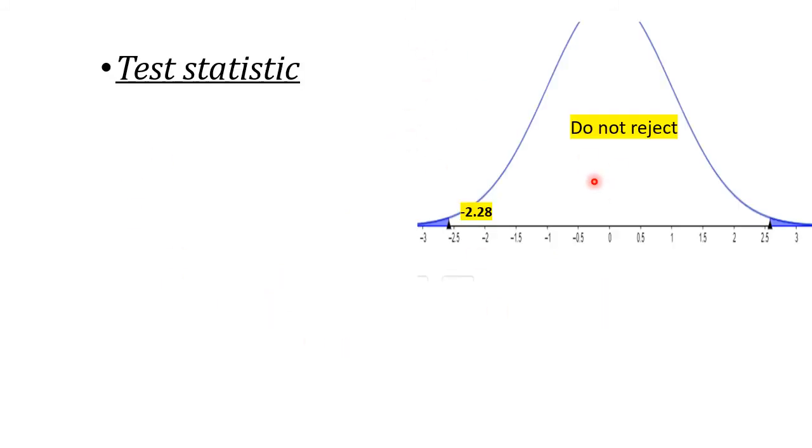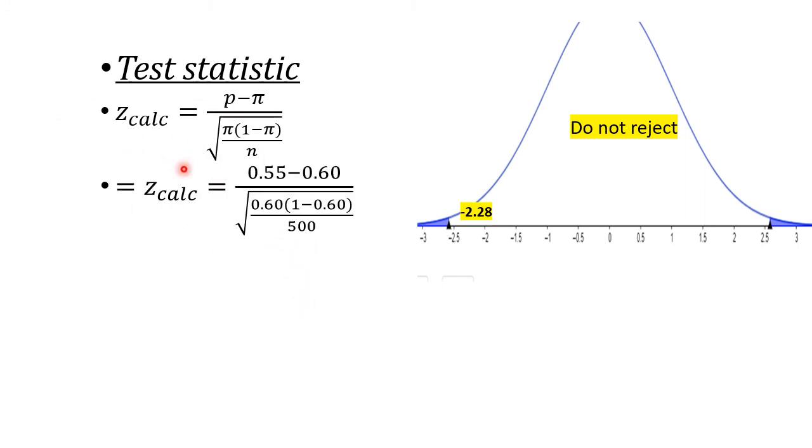Let's do the test statistic. Our formula is this one for the Z statistic. We do the substitution. Remember, we are testing at 0.60, so there we substitute, and then we do that computation on the calculator.